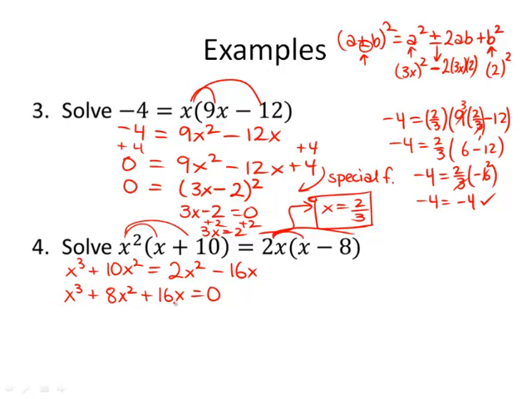Alright, let's take the greatest common factor out, which is x. Leaves us x squared plus 8x plus 16 equals 0. Now we want to factor this. Note that our leading coefficient is 1. Therefore, we could just do direct factoring, but also we have a perfect square.